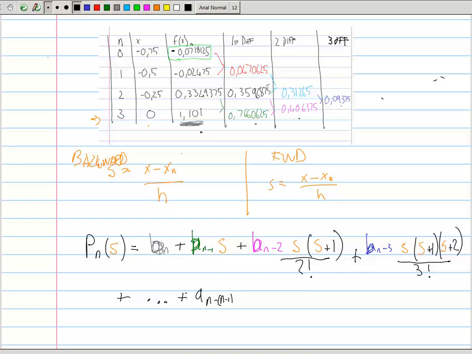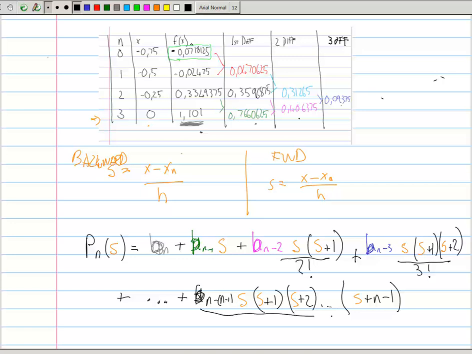Then bn minus 1. And that term is going to be whatever your final term is there, and that's going to be multiplied by s plus 1, s plus 2, up to s plus n minus 1. So let's do that. s plus 1, plus 2, s plus n minus 1.